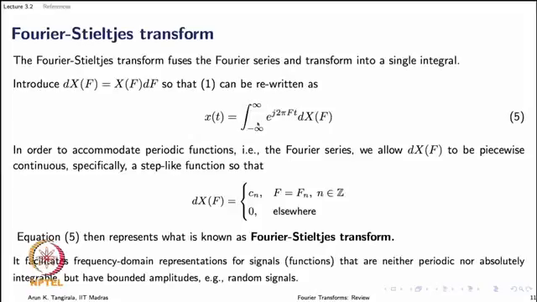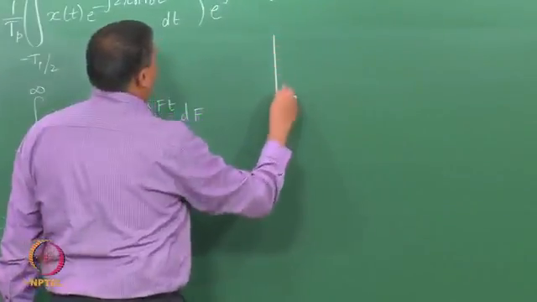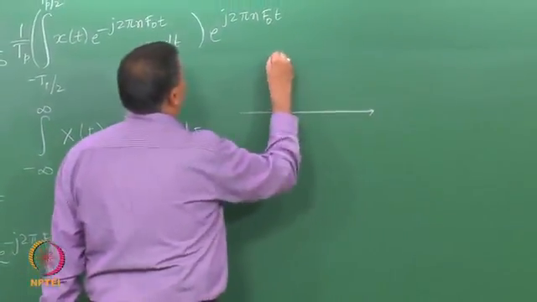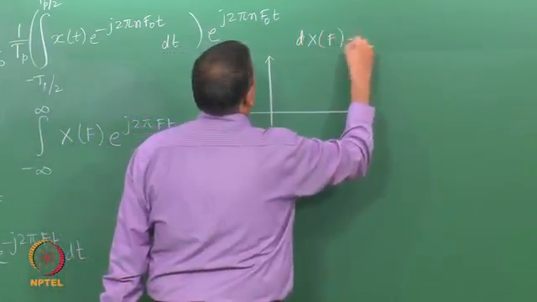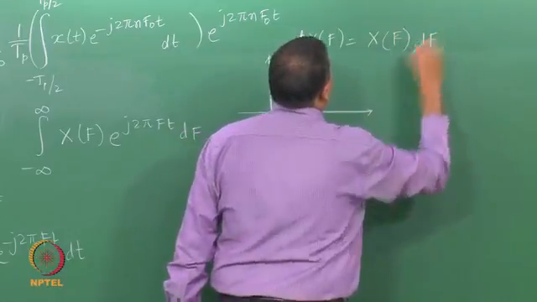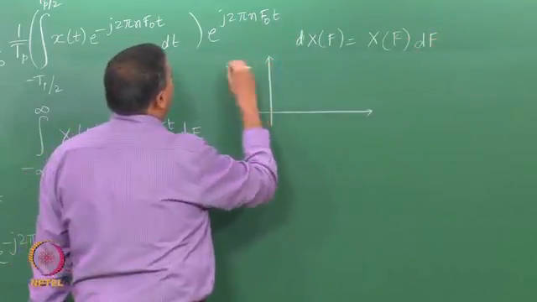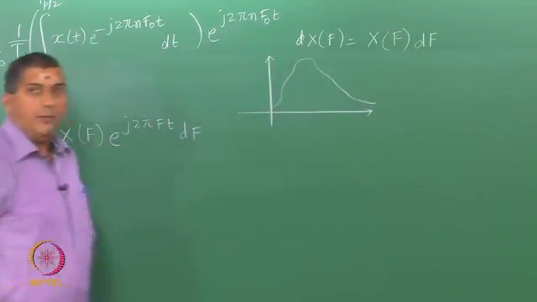So, let me show you quickly how dX of f would look like for aperiodic signals and for periodic signals. For aperiodic signals, dX of f is a continuous quantity, and it can have any shape that you want, it could be any continuous shape.